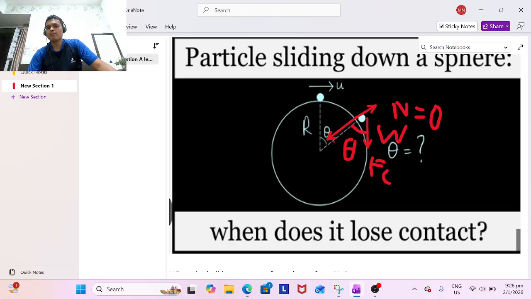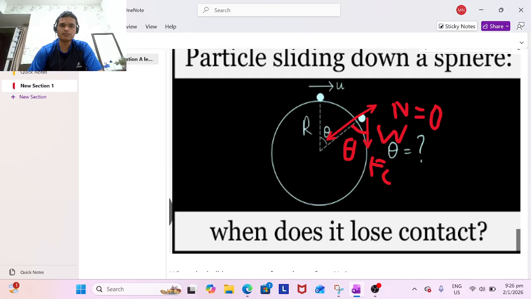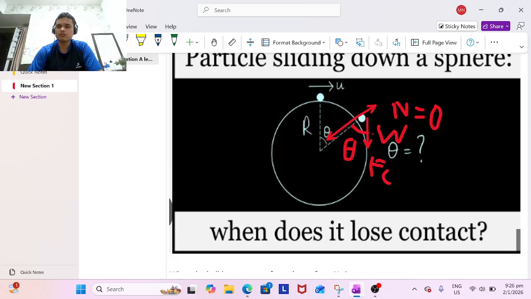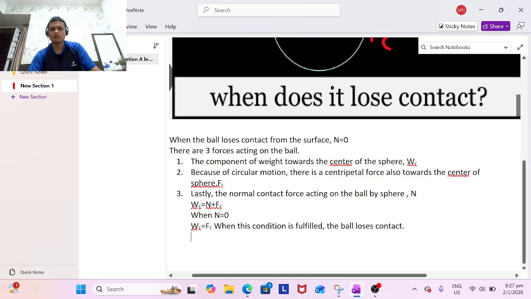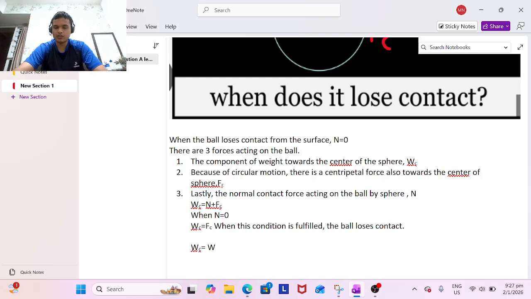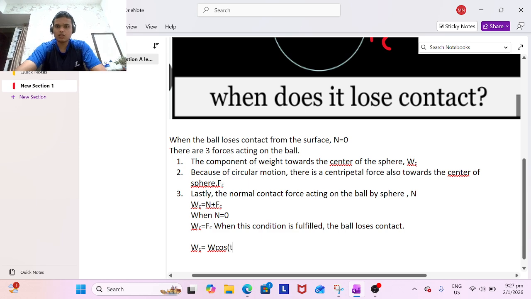So basically, WC must equal W cosine theta.